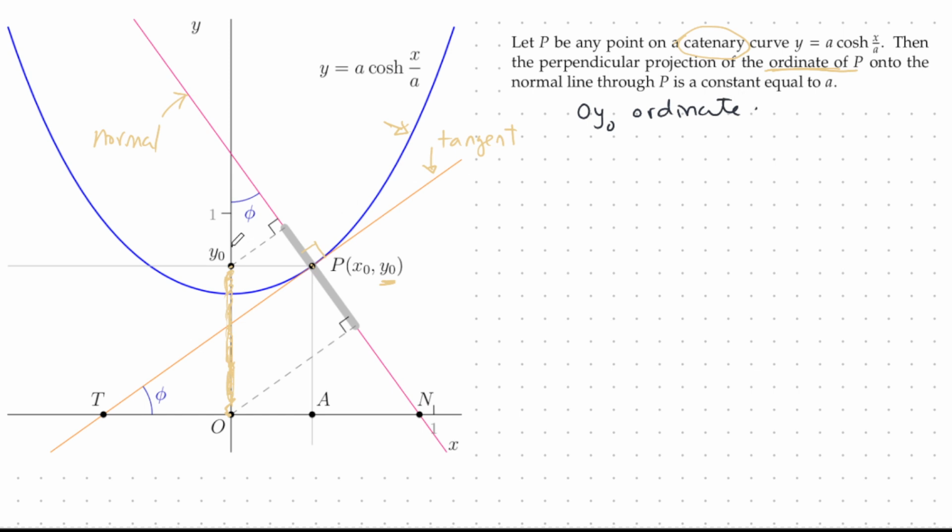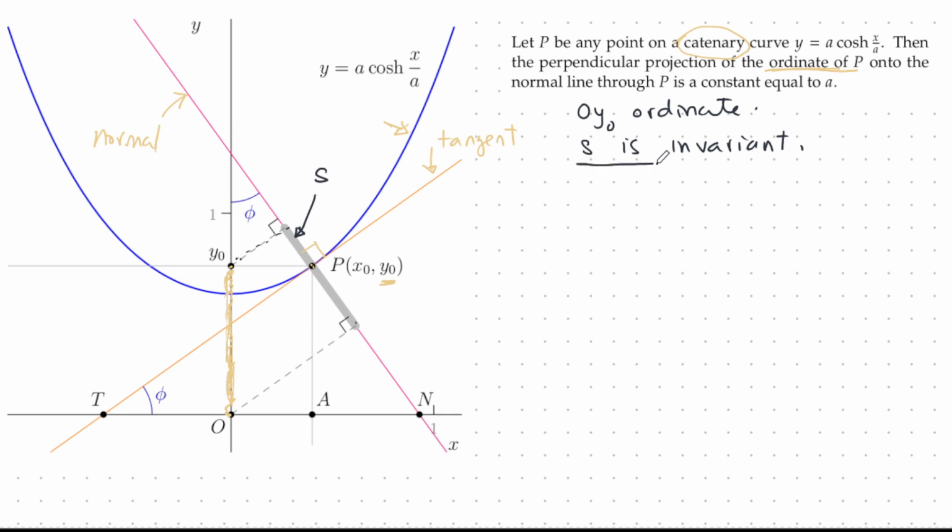And so we want to project this ordinate. We're going to project it 90 degrees onto the normal line. And we get this gray segment here. That will give this length, this thing S. So the length of this gray bar, that's S. Now we're saying here that S is invariant.